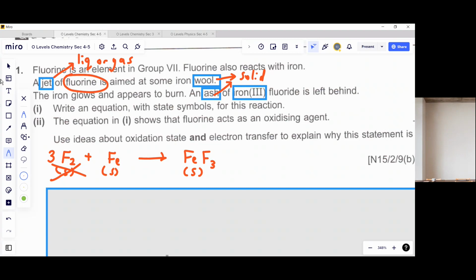Liquids. Come, Charlotte, how many liquids are there? Yes, guys, 2 liquids only. Make sure you find them on the periodic table. All the rest are solids.